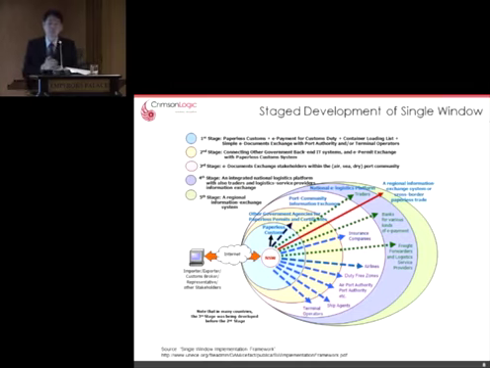Okay. So from the very initial beginning, Recommendation 33, which says what a single window does, now we have a stage development onto a single window. I will talk a bit more about the stage development and the various stages in the next few slides.